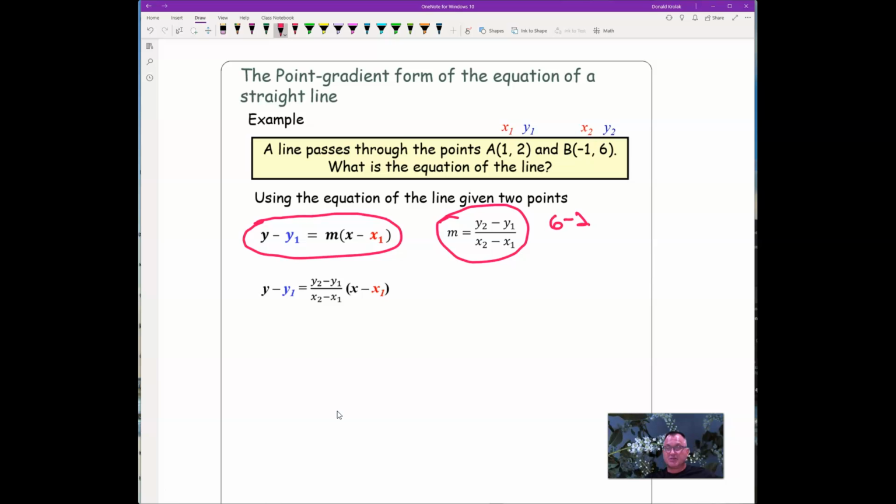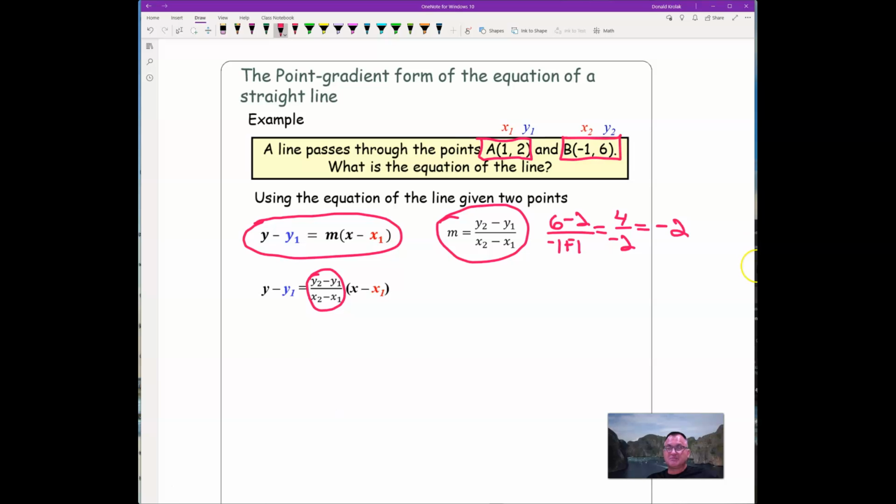6 take away 2, divided by negative 1 take away 1. So that's 4 over negative 2. So this part here is negative 2. So my slope is negative 2, and then for x1, y1, I can pick either one of these 2 points.